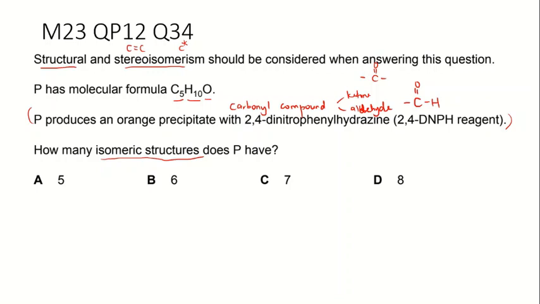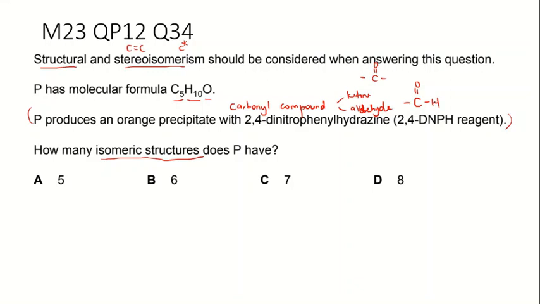Okay. Now, I always prefer to start with structural isomers because I can just draw the display formula or structural formula to show the structure of the compound. So I'll start with aldehyde because I think it's easier.